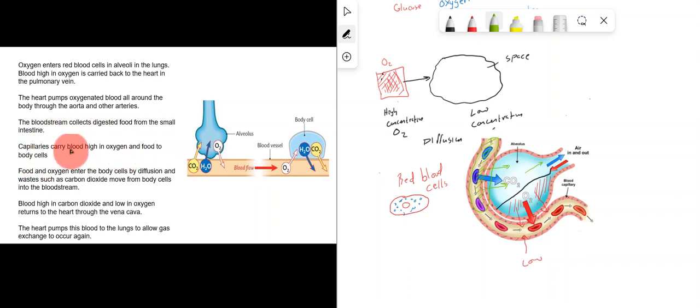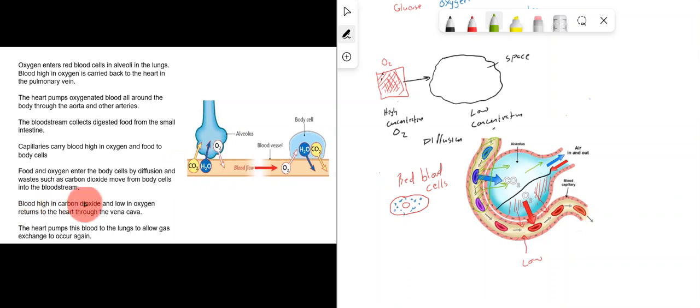So all those nutrients, the oxygen and the digested food, have been brought to the cells where respiration can happen. Food and oxygen enter the body cells by diffusion, and waste such as carbon dioxide moves from body cells into the bloodstream. So that's what we can see happening here.